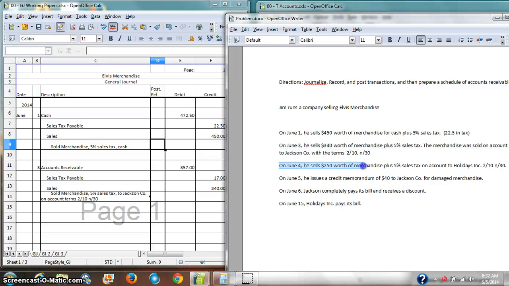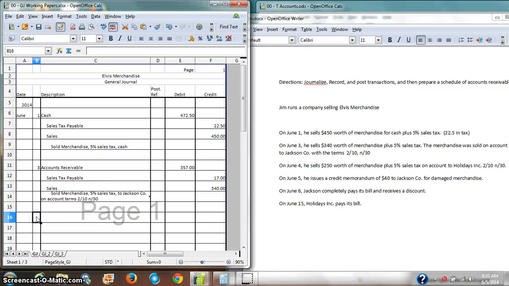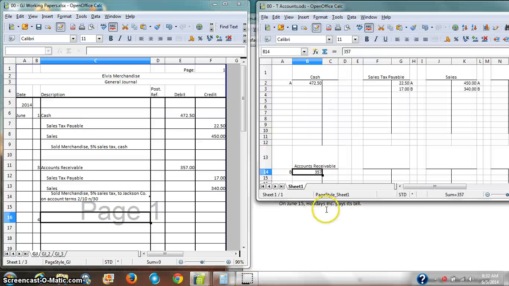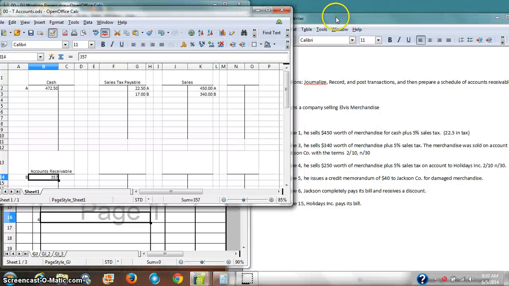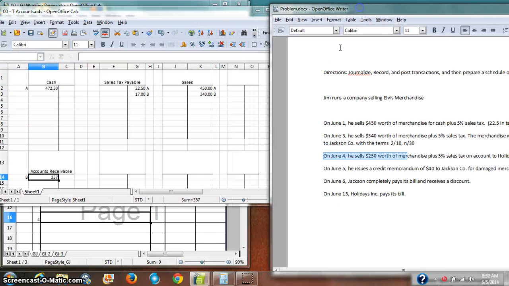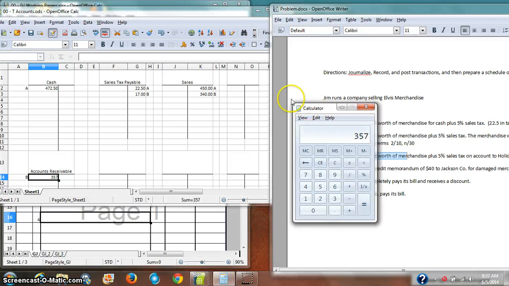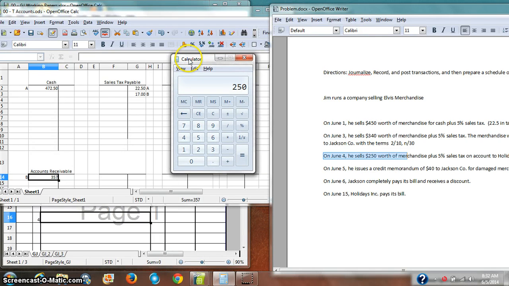Let's do June 4th. And again, he's going to sell $250 worth of merchandise plus 5% sales tax. I'll do this one also on the T accounts like I have been doing, and then we'll transfer it over to the general journal. So I'm going to have to calculate this. 250 times 5% is $12.50.